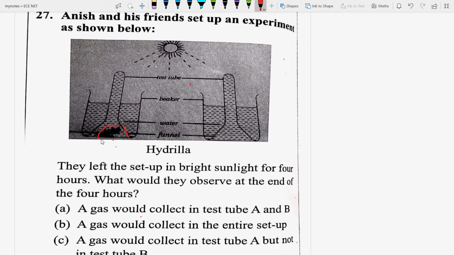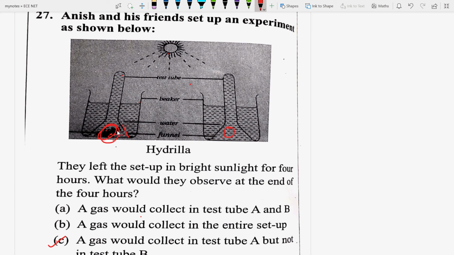If it is seen, there is something inside this funnel. If you have kept something inside this funnel, then as soon as the 4 hours are over and you stop the experiment, you will observe that a gas would collect in test tube A but not in test tube B, because this funnel has only water. It has nothing inside, but it has something inside.